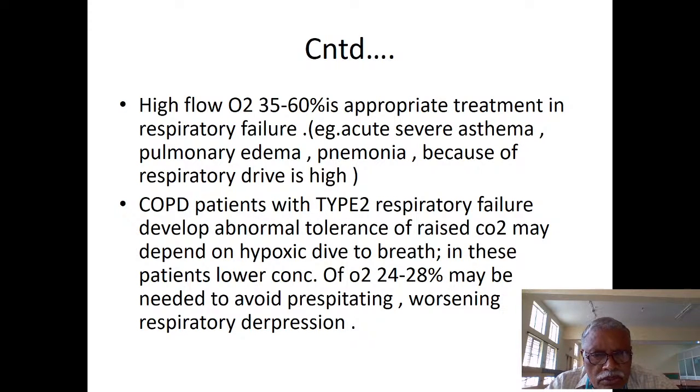COPD patients with type 2 respiratory failure develop abnormal tolerance of raised carbon dioxide levels in the blood, which depends on hypoxic drive to breathe. In these patients, a lower concentration of oxygen, that is 24 to 28%, may be needed to avoid precipitating worsening respiratory depression.